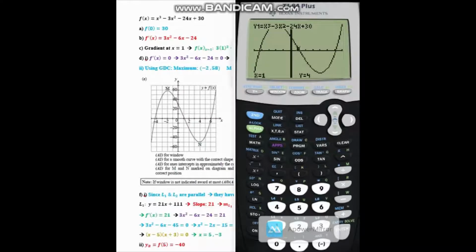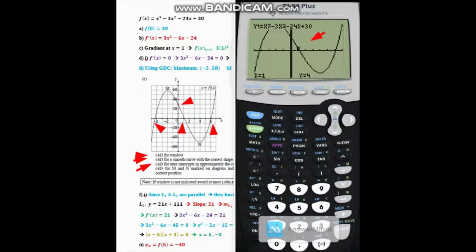So you get 1 mark for the correct window, a mark for a smooth curve with the correct shape similar to your GDC, and the axes intercepts should be approximately in the correct position, so there and there, as well as there and there.